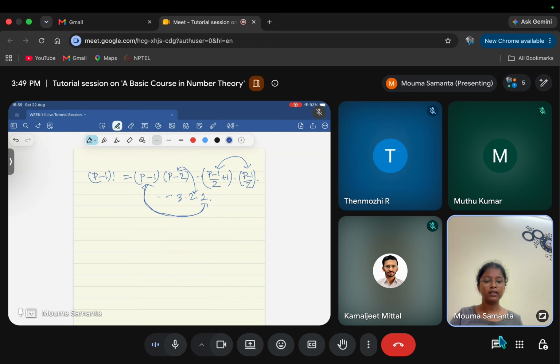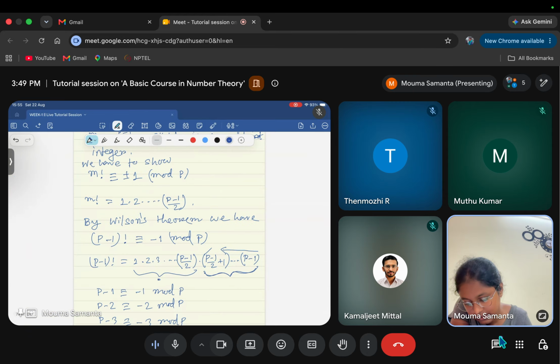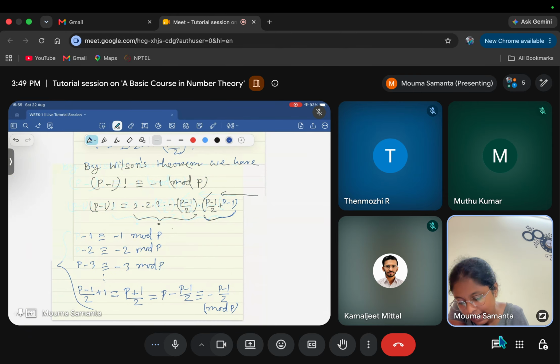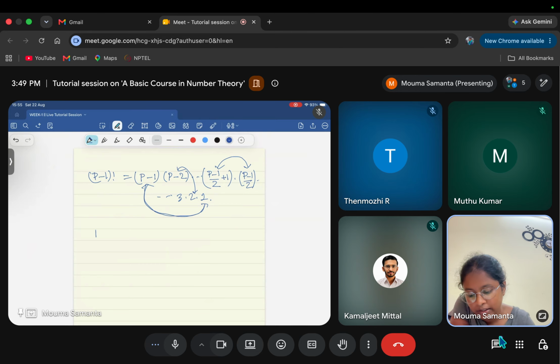Since there are an even number of terms in the factorial (p minus 1), we can take (p minus 1)/2 many pairs.